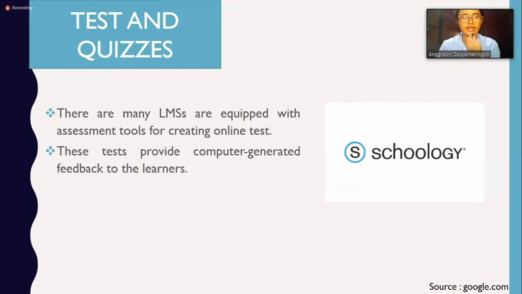And then the next one is tests and quizzes. Nowadays there are many LMS equipped with assessment tools for creating online tests. The teacher will give a test, like a multiple choice test. Then students will answer the test and get the result directly, because these features provide computer-generated feedback to the learners.